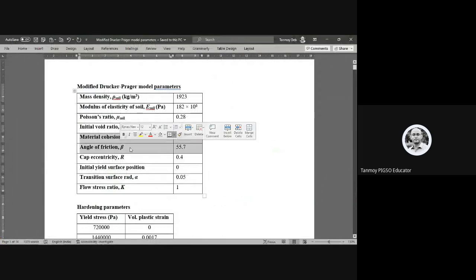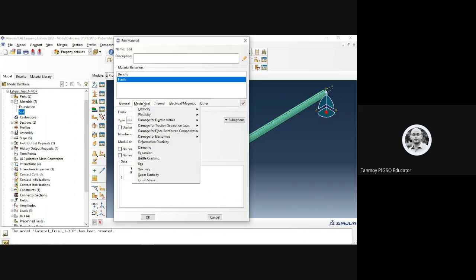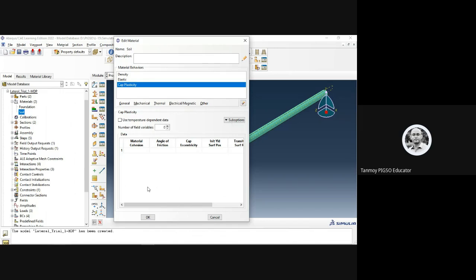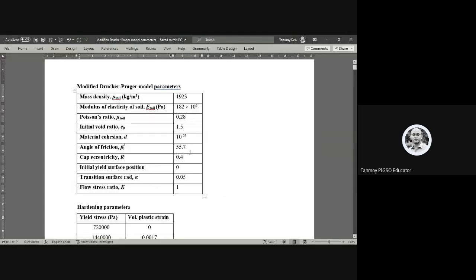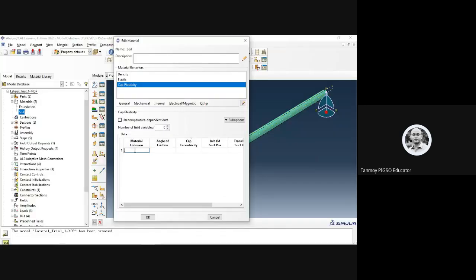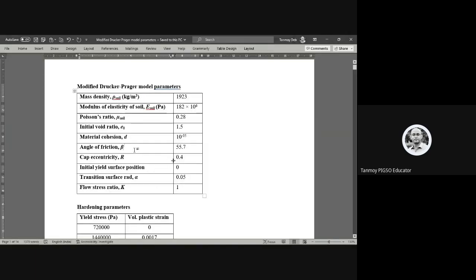Material cohesion D: from plasticity parameters, I'll choose cap plasticity. It represents the Drucker-Prager model, and my material cohesion is 10 to the power minus 5. Angle of friction is beta. Do not get confused with this angle of friction beta as 55.7, because in general when we talk about angle of friction we denote it by phi, and it is quite a high value. When it is beta, it is okay.